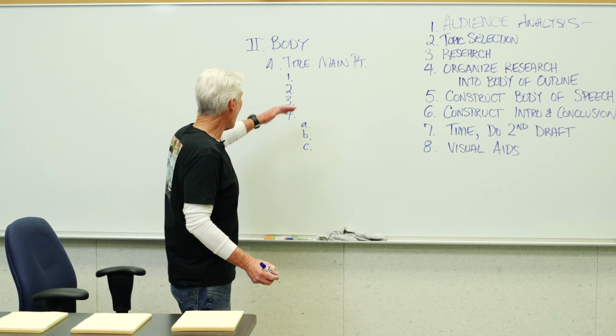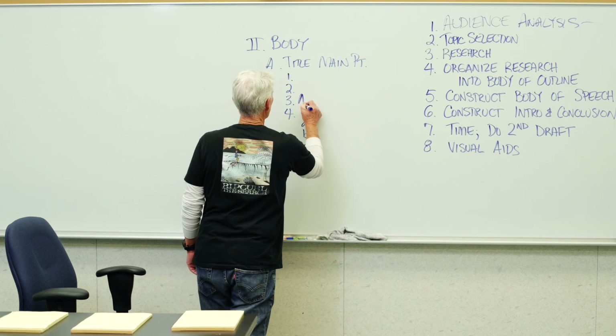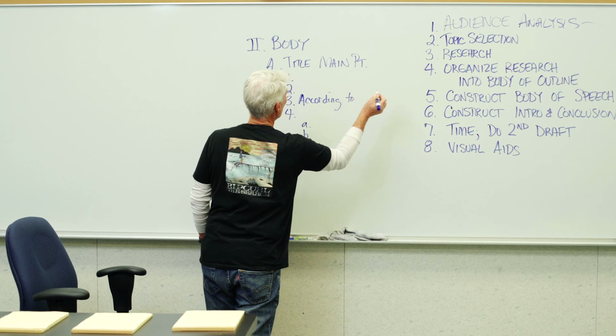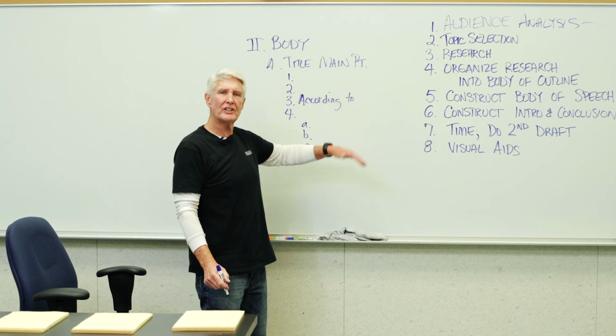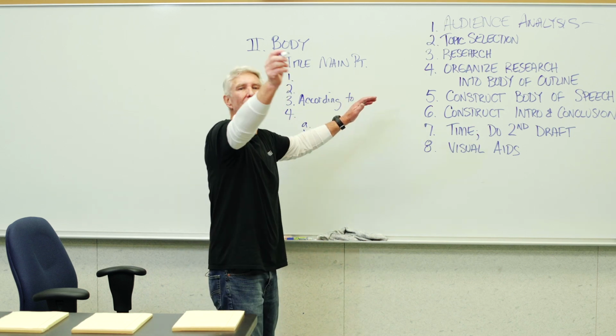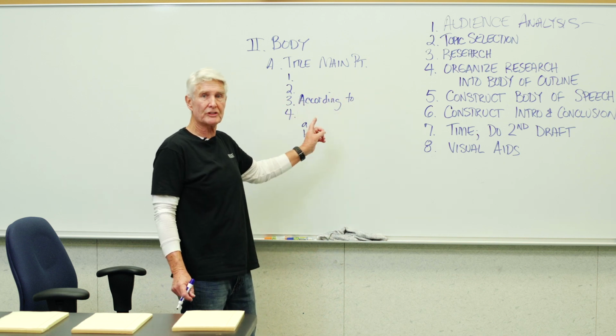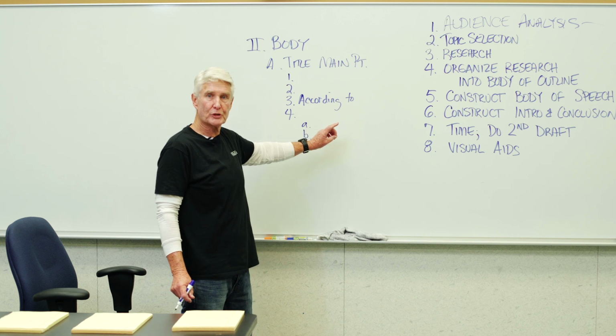So that means I'm going to have 1 point that begins with, and according to title of publication, author, date, then I give the information from the actual source. So make sure you have at least 1 source citation plugged in to each of your 3 main points.